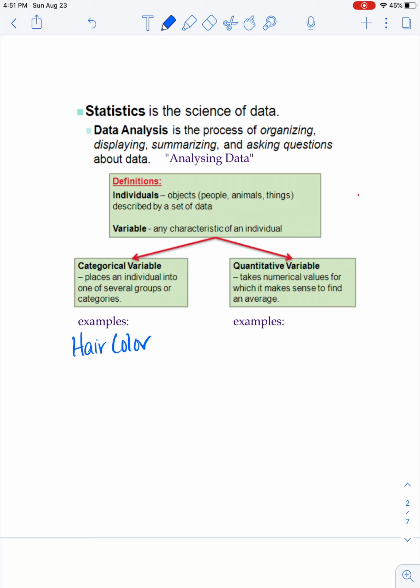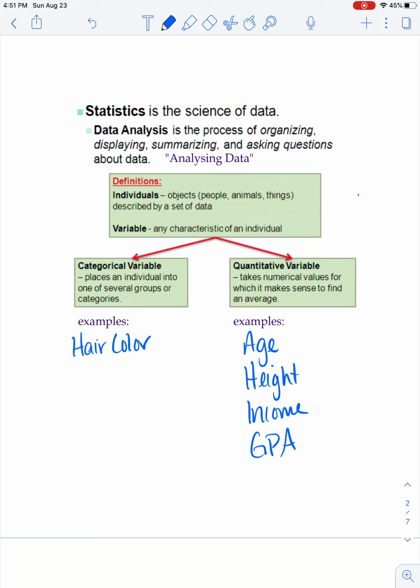Let's see, quantitative. So that's anything that takes on a numerical value for when it makes sense for you to find the average of that value. So an example would be age. So that's a number. And it would make sense for me to say, let's find the average age of a student at South Stokes. Someone's height, or a group's height, income, GPA.